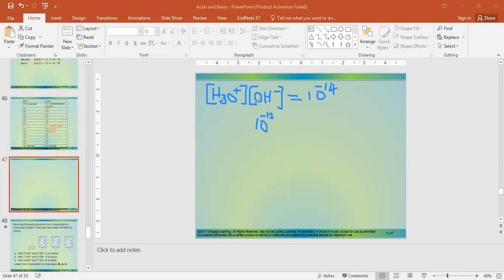So to get the concentration of the hydronium ion, we say it is equal to 10 to power negative 14 all over 10 to power negative 12, and this is going to give us 10 to power negative 2. Now you can use this to calculate the pH, because this is the concentration of the hydronium ion. Is it clear?